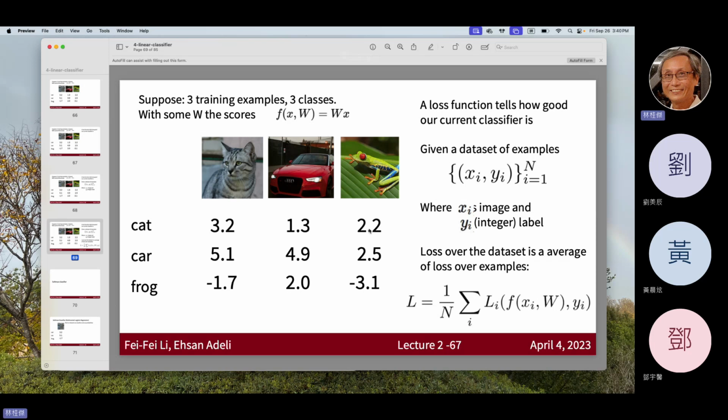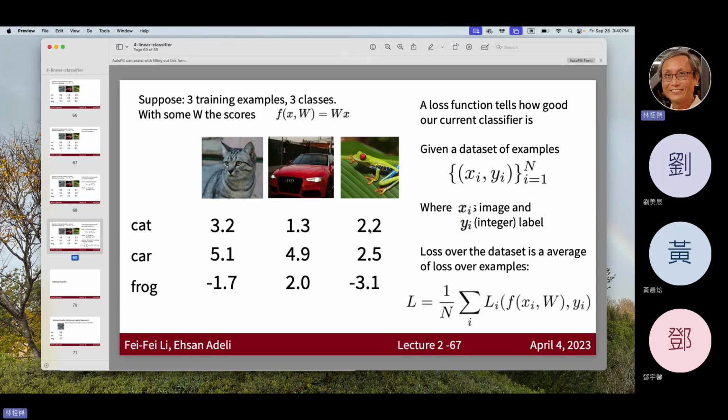Another way to look at the output is not so much to look at individual scores, but simply to ask the system to tell us, for this particular picture, what is the likelihood for this to be a cat? What is the likelihood for this to be a car? And what is the likelihood for this to be a frog?